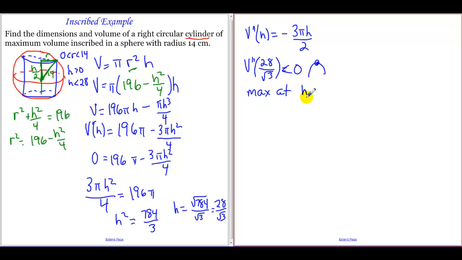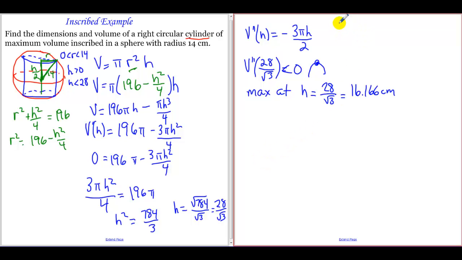Max at h equals 28 over root 3, which in your calculator rounded to 3 decimal places is that.